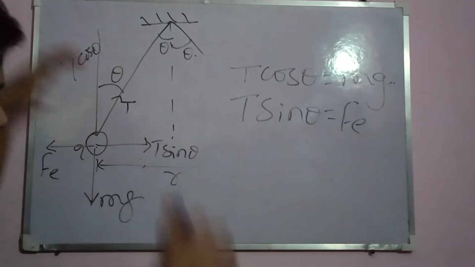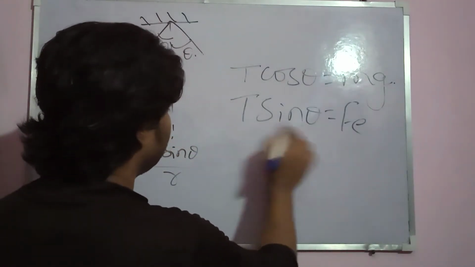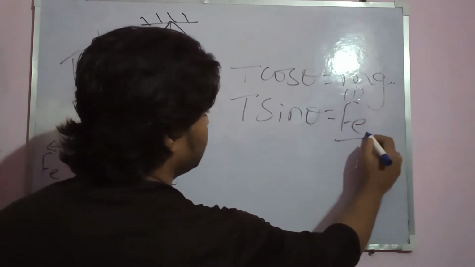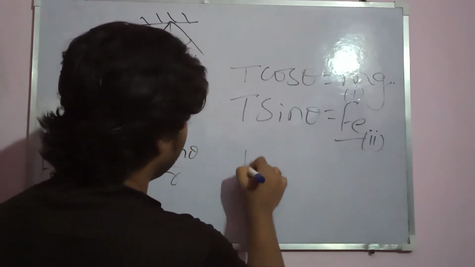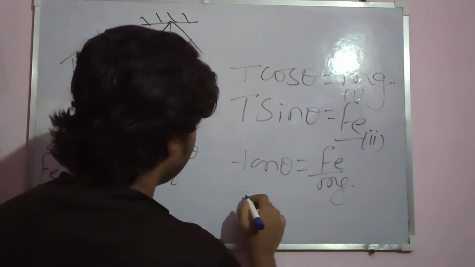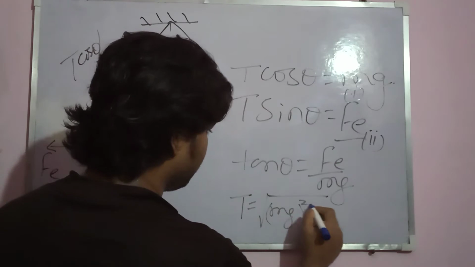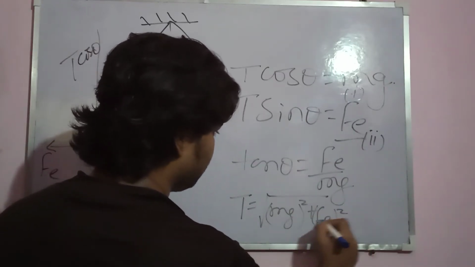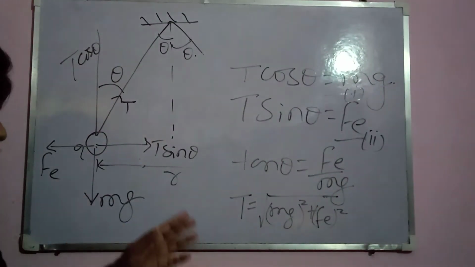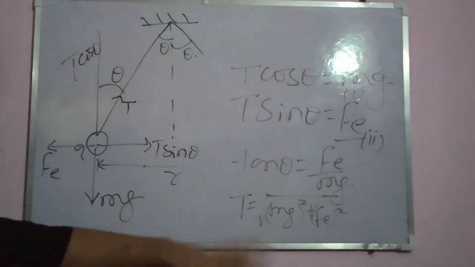Whenever the setup is balanced, we can do that. By simple arrangement of equation 1 and equation 2, we have tan theta equals Fe by mg, and T equals the square root of (mg) squared plus Fe squared.